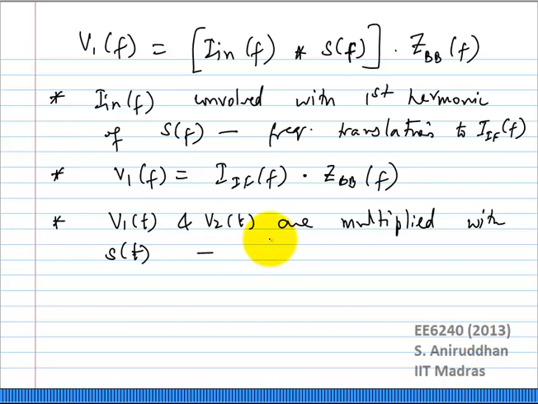They are mixed. So what was the baseband voltage V1 of t will get translated to an RF voltage VRF of t, multiplied with S of t and upconverted to the desired RF frequency. So now what that means is that it creates an additional component of the input voltage.